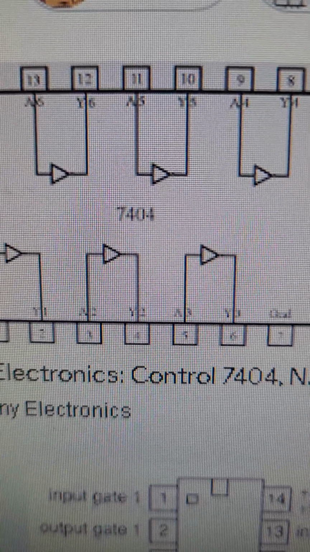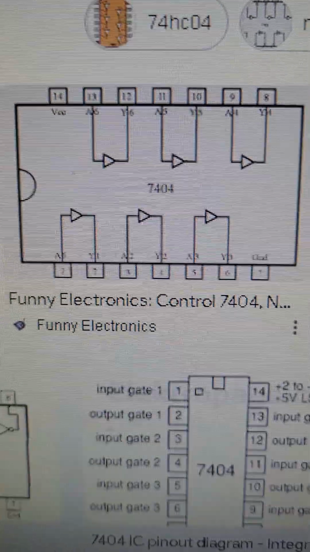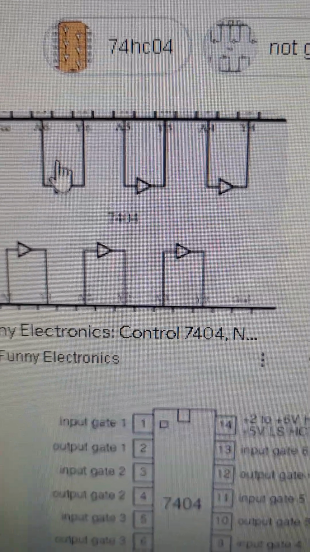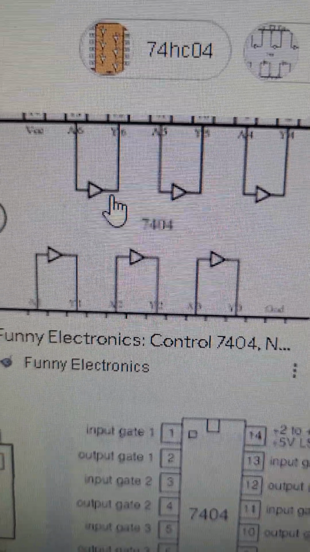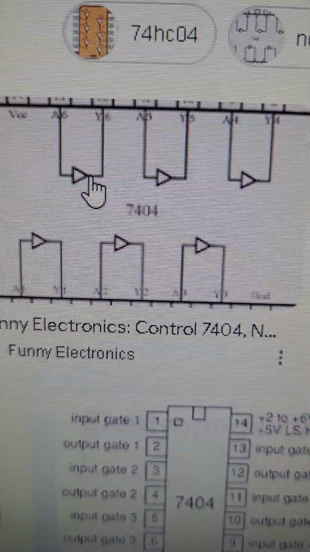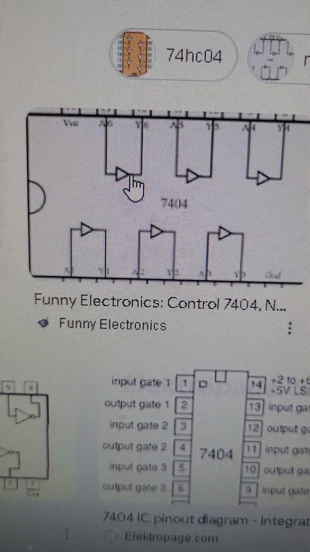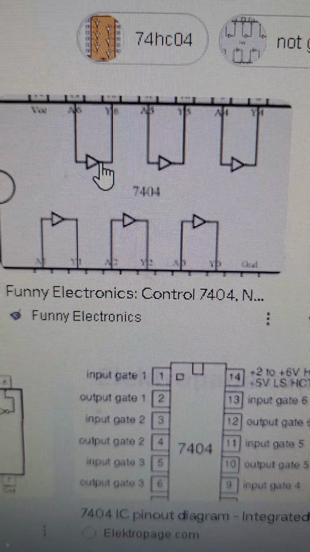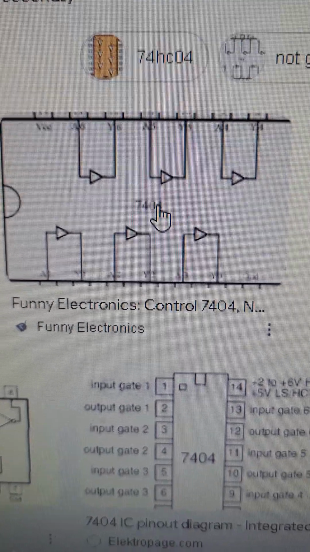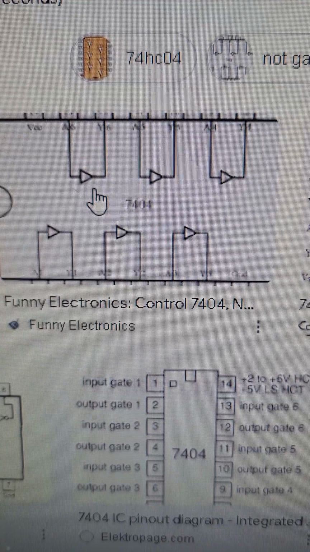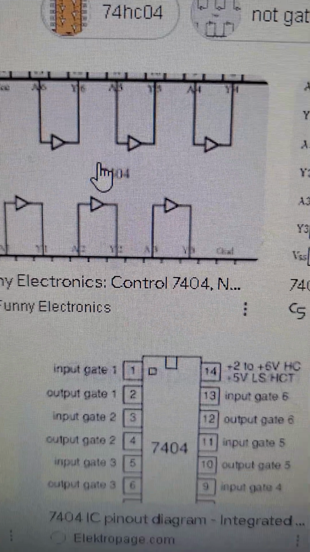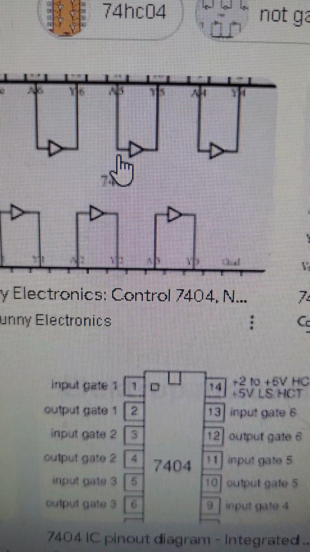We can misinterpret that as a buffer, because there is an IC that uses this symbol without a bubble, which we call a buffer. A buffer is like an amplifier that amplifies current or signal when you connect too many connections for a certain IC. So this is a wrong presentation for the 7404.